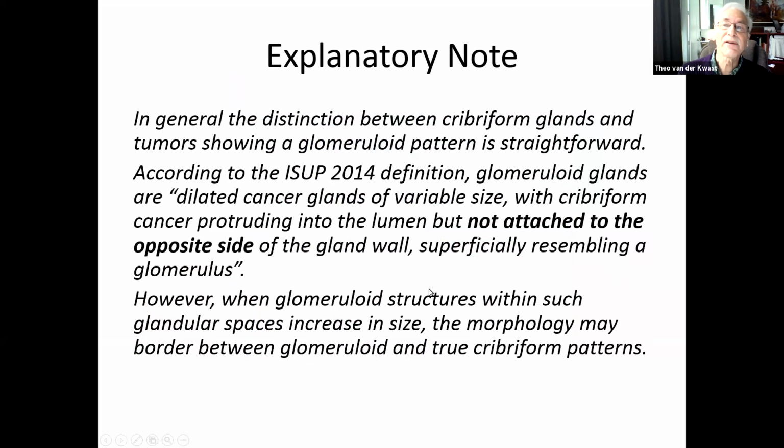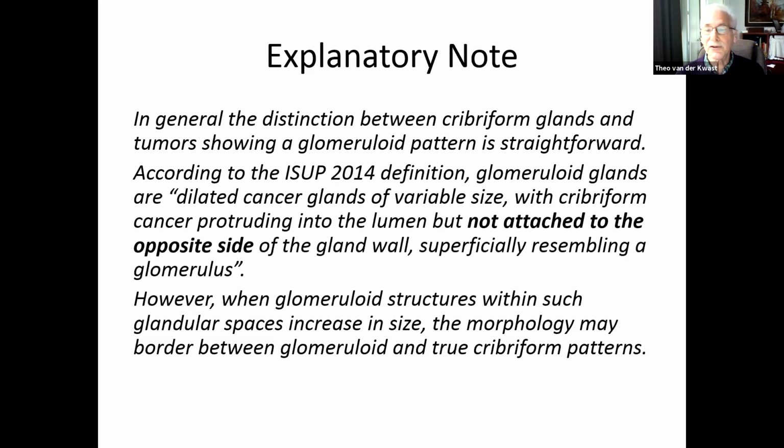That was the argument. So the explanatory note belonging to glomeruloid is written here. In general, the distinction between cribriform glands and tumors with glomeruloid pattern is straightforward, particularly when they're small sized. According to the ISUP 2014 definition, glomeruloid glands are dilated cancer glands of variable size with cribriform cancer protruding into the lumen, but not attached to the opposite side of the gland wall, superficially resembling a glomerulus.